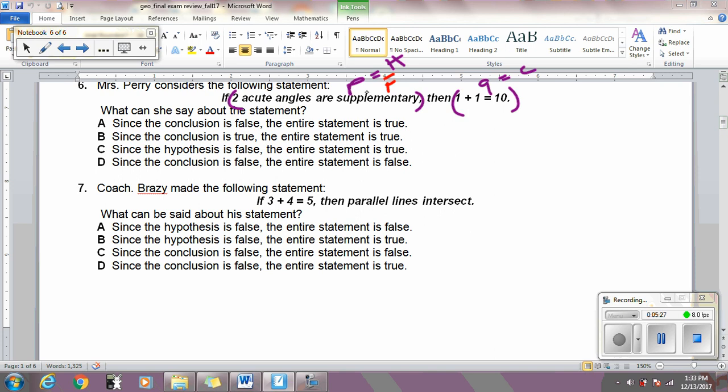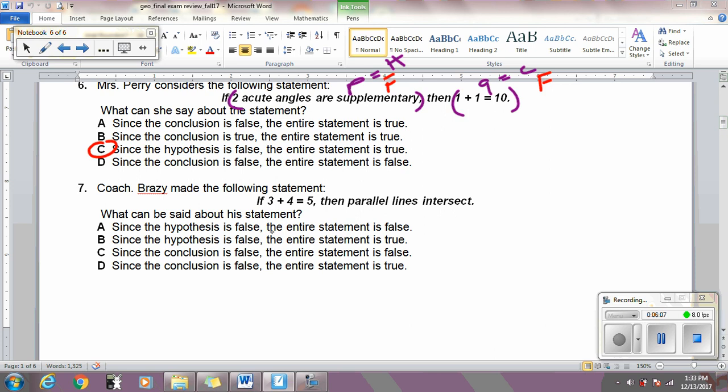So it's not possible to be both acute and to be exactly 180. You'll be close, but you won't ever be exactly 180. And then, for obvious reasons, 1 plus 1 does not equal 10, folks, so my conclusion is also false. However, the most important thing to notice is that my hypothesis is false. And anytime you have a false hypothesis, the entire statement is true. So the answer is C. The entire statement is true.